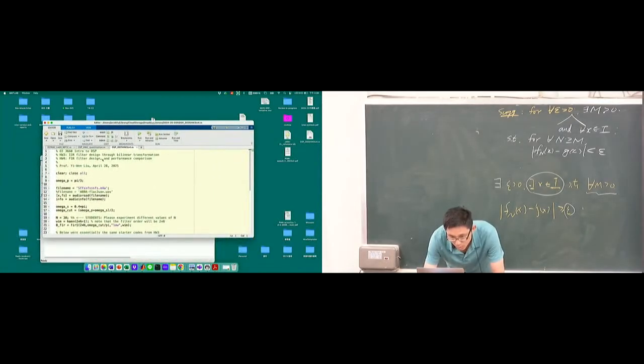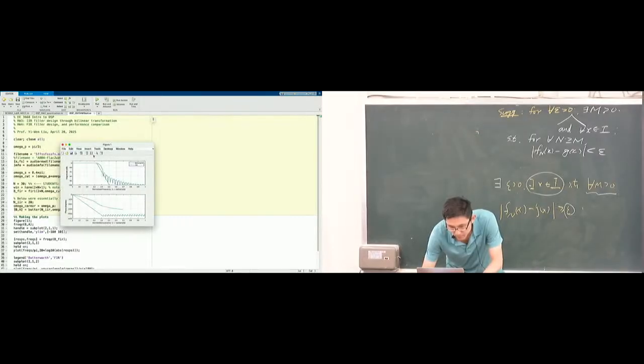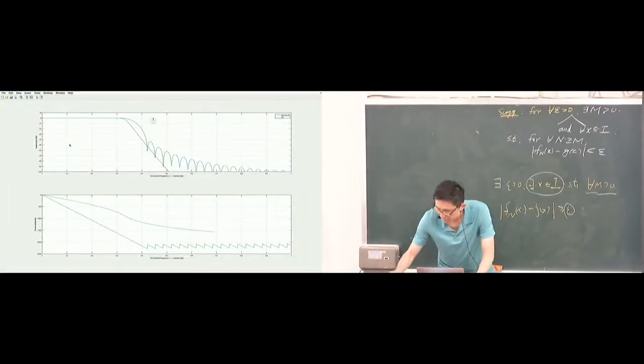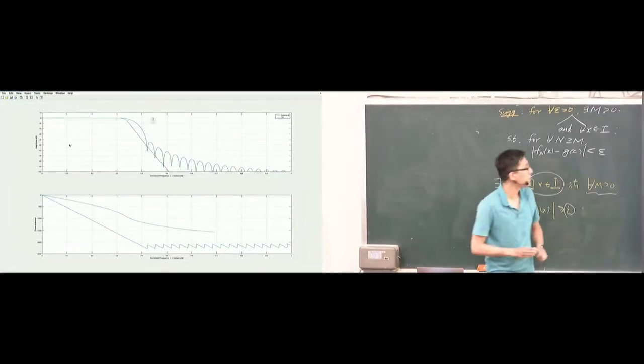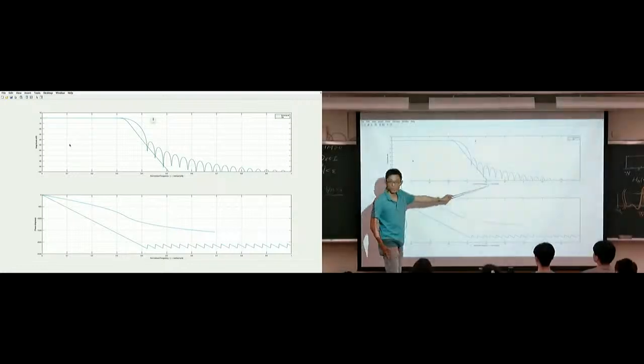I apologize that everything looks small, but let me just run it. And this is the plot I want to point out to you. When you run the code, this is the IIR Butterworth filter that we designed last time.